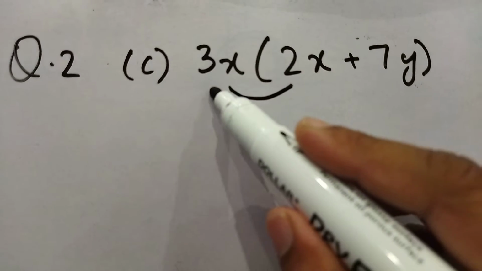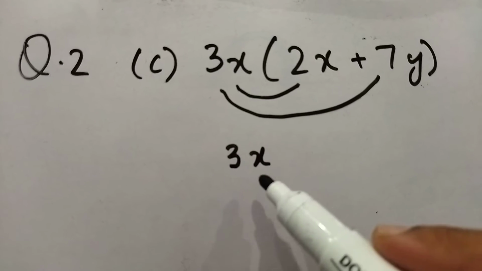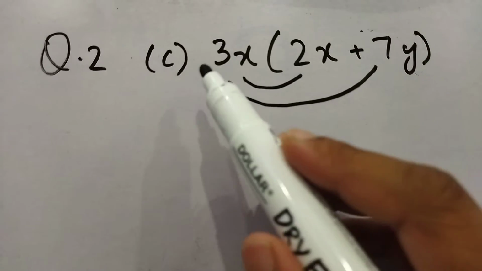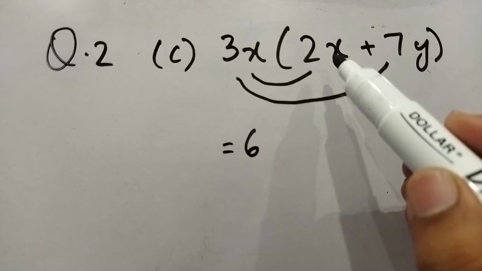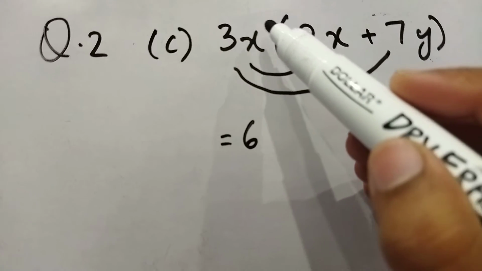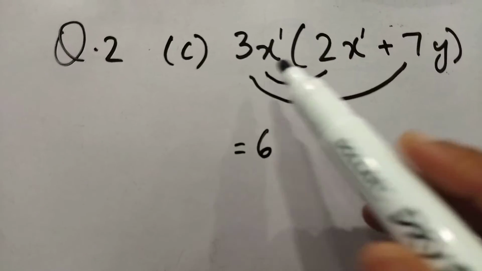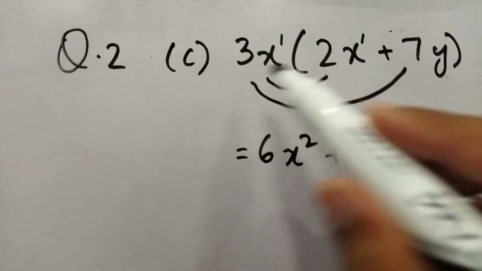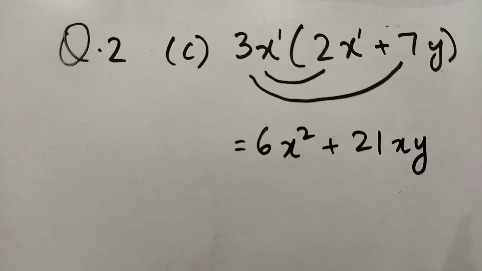First we'll multiply this and this. 3x into 2x. So 3 2s are 6 and x into x. When we multiply same variables, all we need to do is add their indices, that is their powers. So it has power 1 and it has also power 1. So we'll get x square. Then plus plus plus, 3 7s are 21, xy is xy. This is the answer.